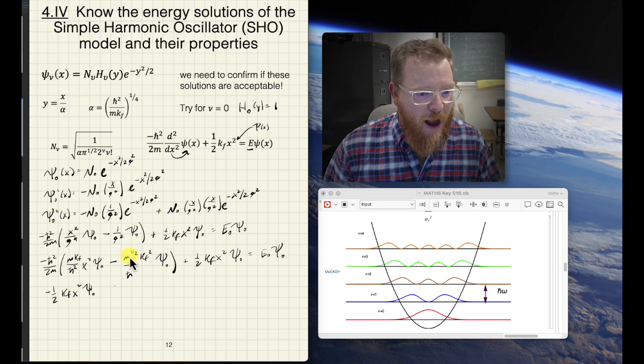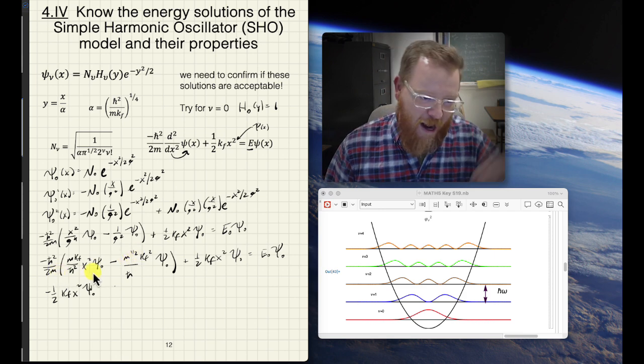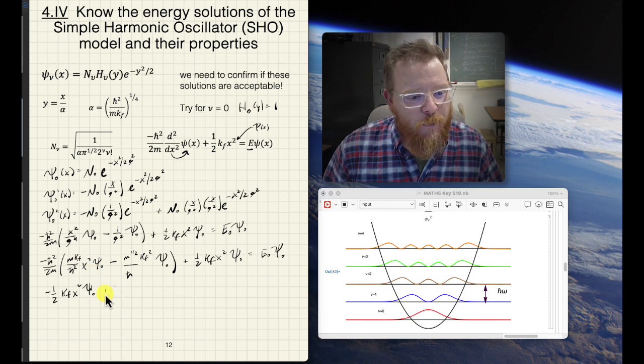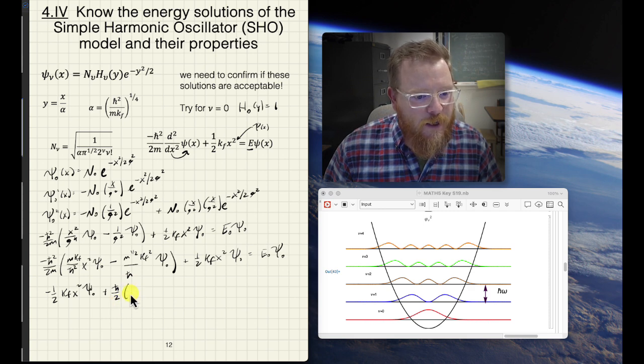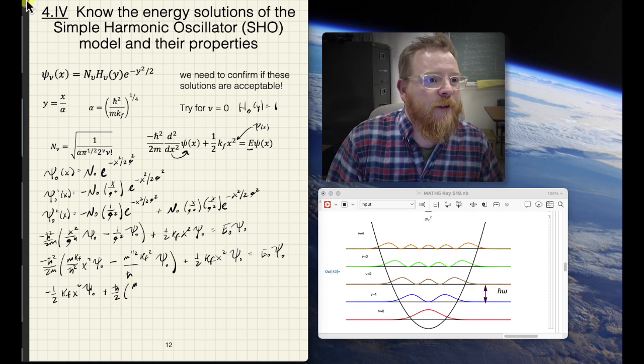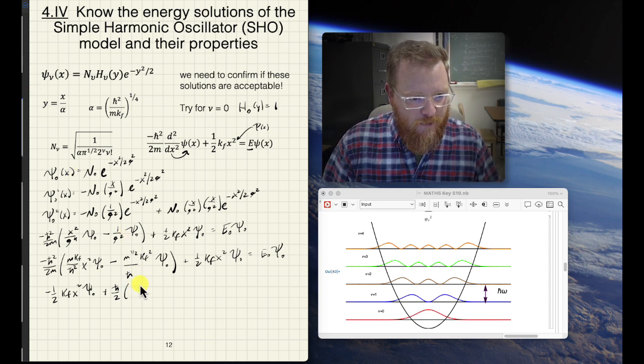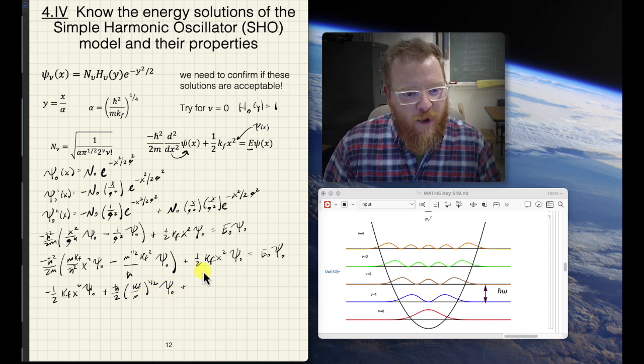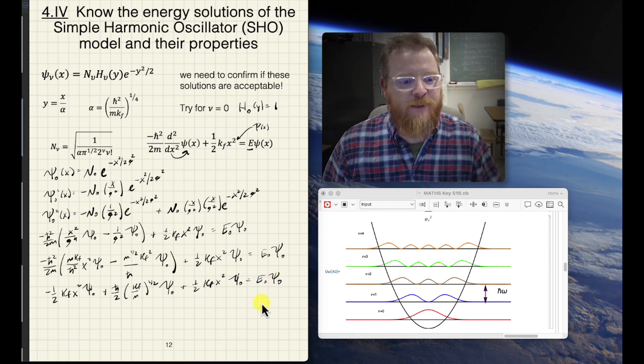And then the m to the 1/2 is going to cancel with that m to also give me an m to the 1/2, but on the bottom. So I'm going to end up with a plus h bar over 2 times kf over m, all square root, times psi 0. And then now I've got this plus 1/2 kf x squared psi 0 all equals E0 psi 0.